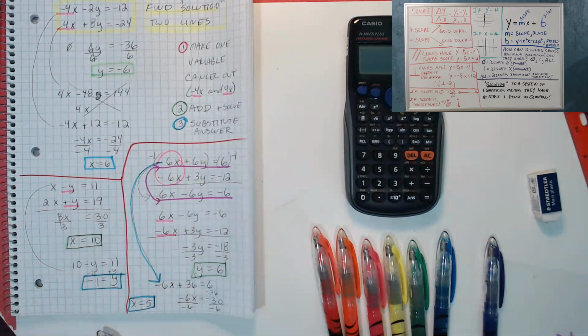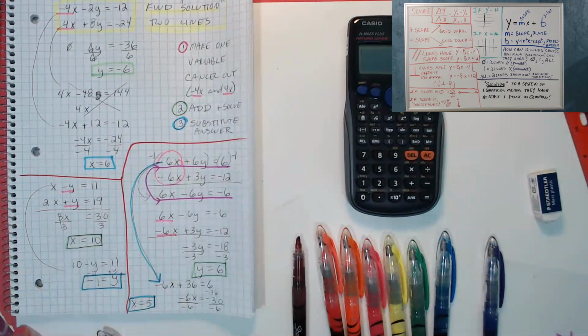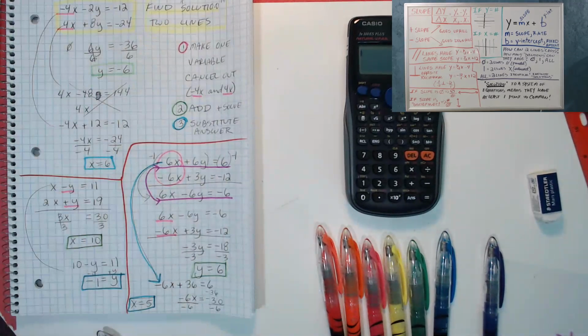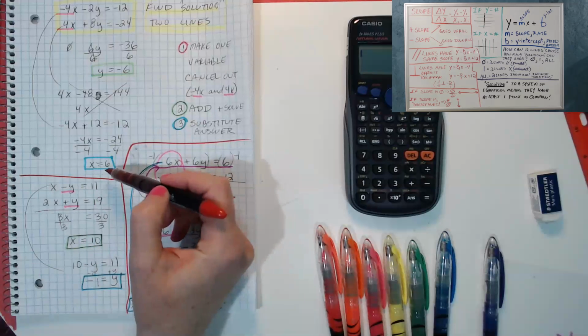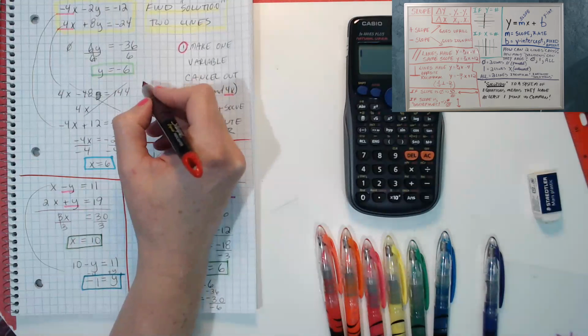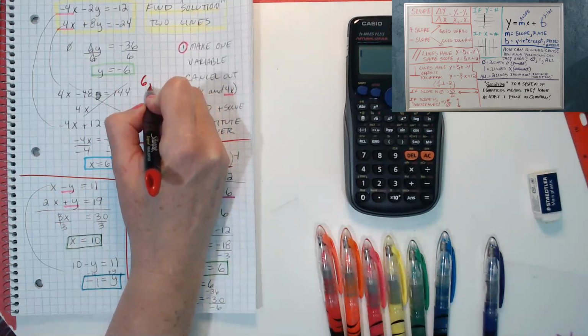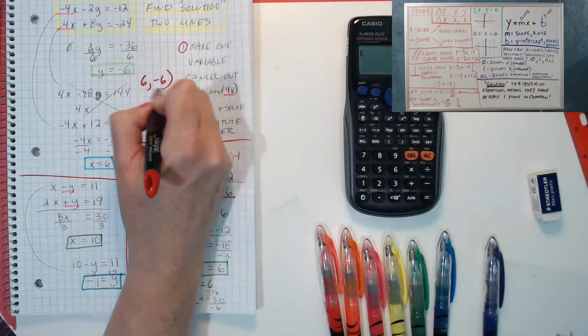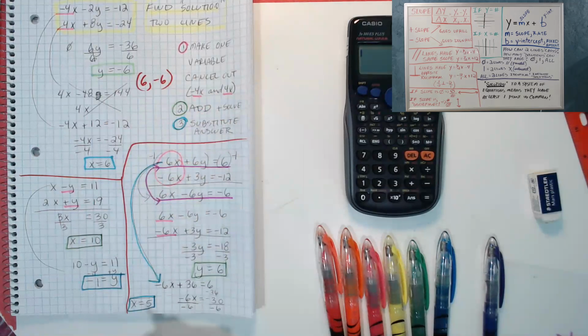There we go. Lost a lid. Okay. The way they write these answers is they take, because this is x and this is y, they actually write the answer like this. 6, -6. Okay, that's this answer.